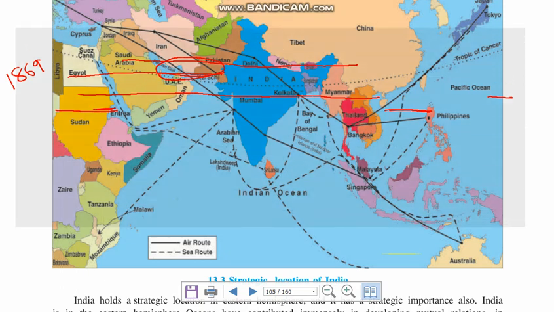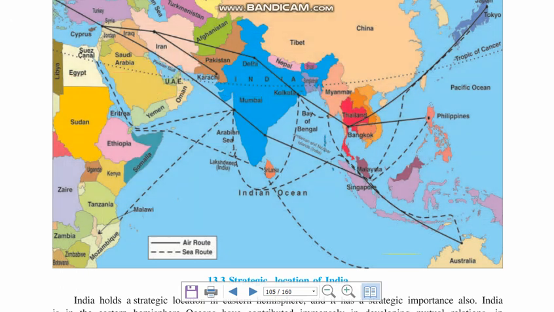Now see here on this particular map. Previously if anyone wanted to go to, say, Turkey, there were two ways. One was by the land route, but we have already studied in history that in 1453 this land route was blocked, so they had to travel all around Africa to reach there.